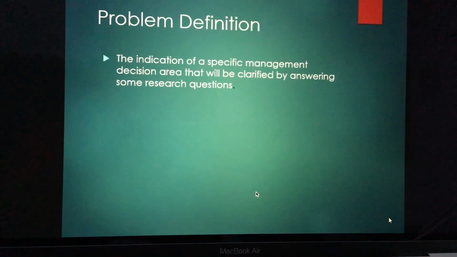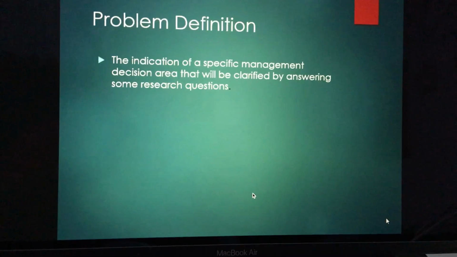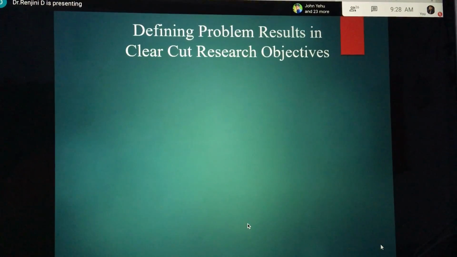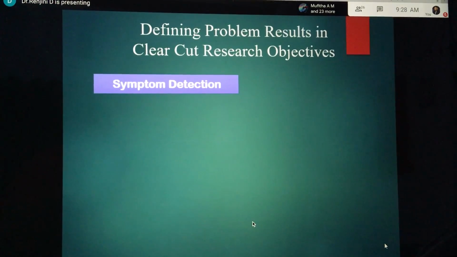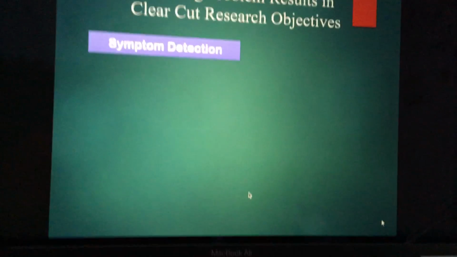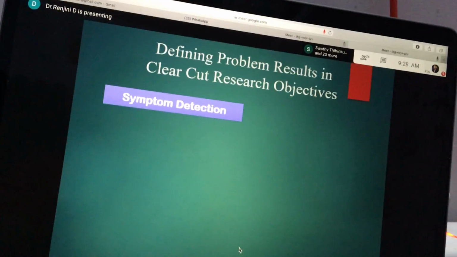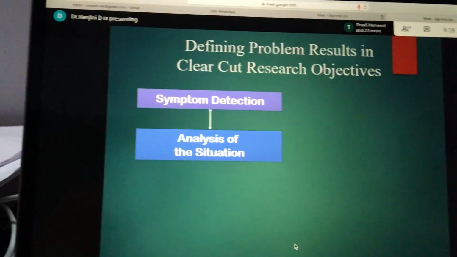That's a decision problem. Got it? Now, why do you need to clearly define the problem? If you know the decision problem, only then will you be able to formulate your research objectives.